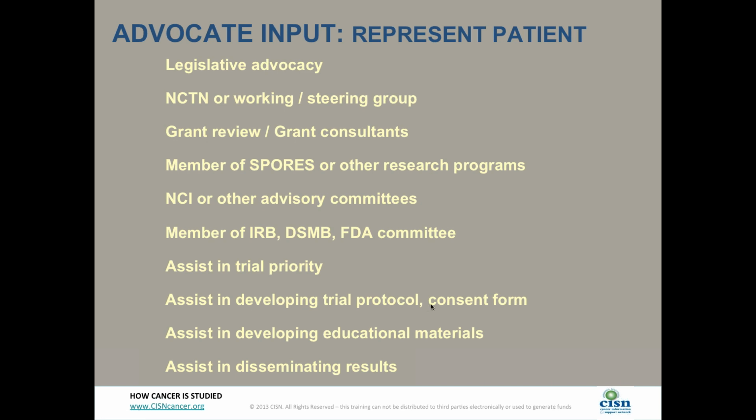Sometimes they'll let you do that and sometimes they won't. Sometimes you'll get it done and it'll go to a site and the site will totally change it, because each site essentially has their IRB, and some sites are very strict about how that looks. All we can do is our best, but I think we can at least say, can we take a look at that and see if we can clean it up a little bit.